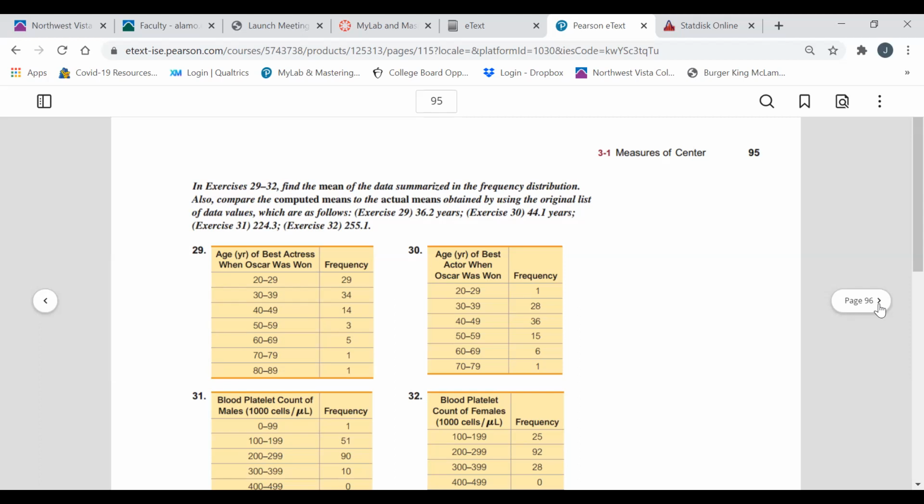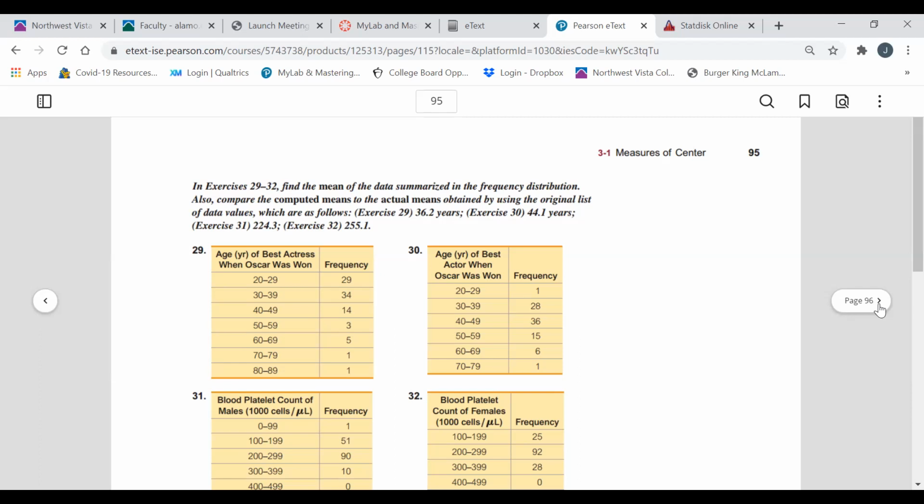We did the frequency table for it. 20, 29, 30, 39, 40, 49, 70, 79, 80. Okay, I've got my ages, I've got my intervals.